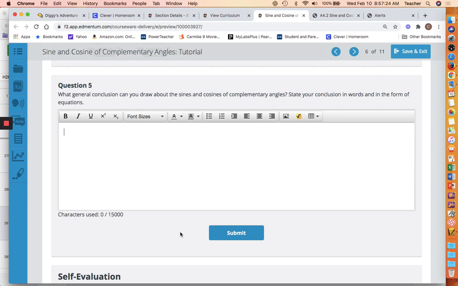So sine of A equals cosine of 90 minus A. And the next one is cosine A equals sine of 90 minus A. Pretty sure they want those formulas.